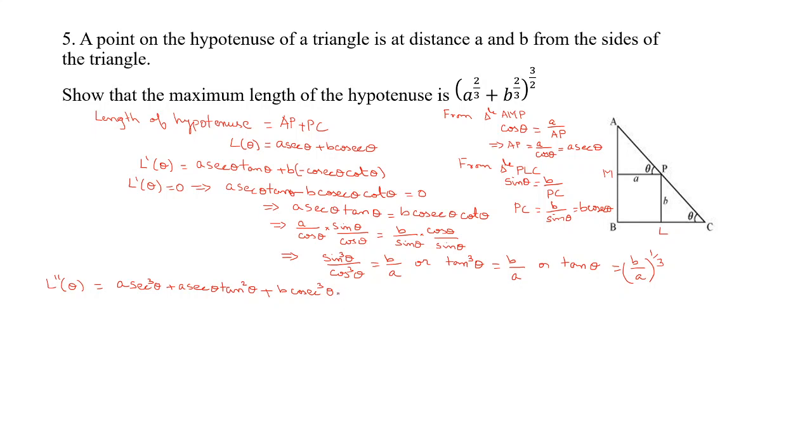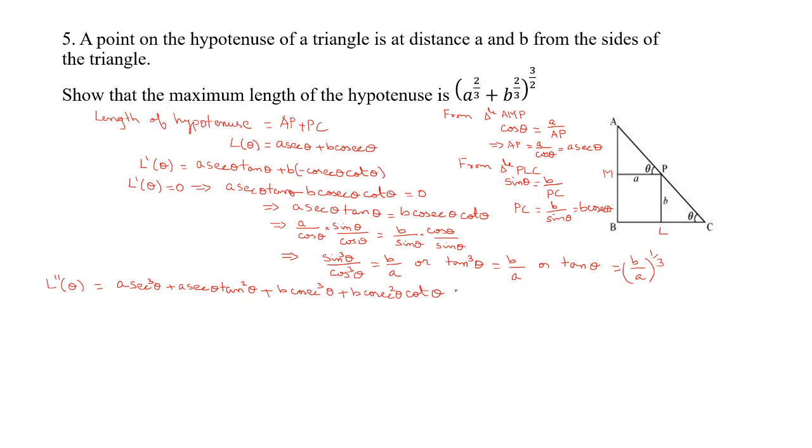Similarly, it will become plus b into the derivative of cosecant theta, that will become cosecant theta into minus cosecant theta cot theta, so it will become cosecant square theta into cot theta. So this is the second derivative.